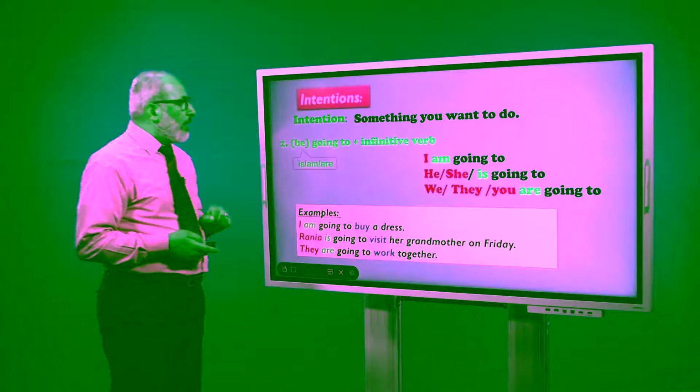Now, the second structure is intend to plus the infinitive form of the verb. I intend to. He or she intends to. We, they, you intend to. Examples: I intend to buy a new jacket.